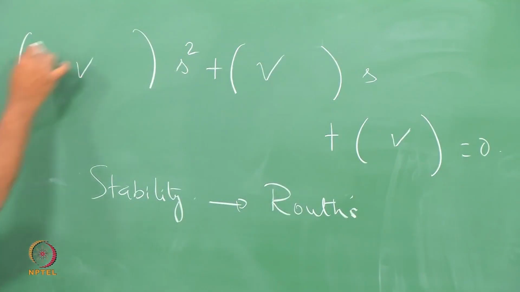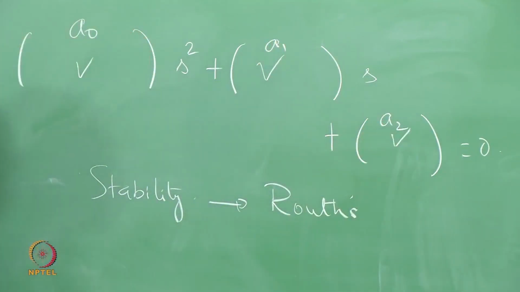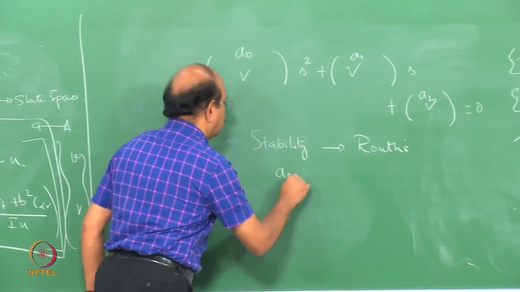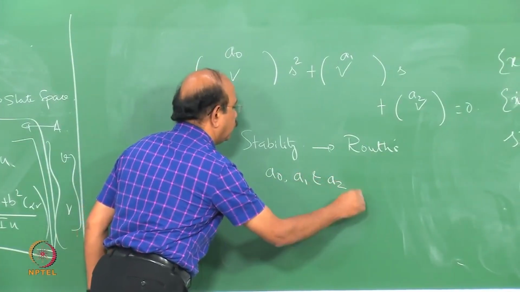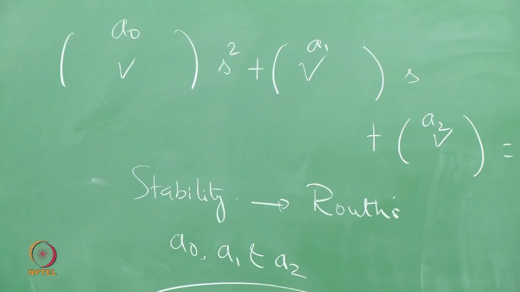If I call this A0, this A1, and this A2, the necessary and sufficient condition is that A0, A1, and A2 should be positive. So that's the first thing I'm going to do.